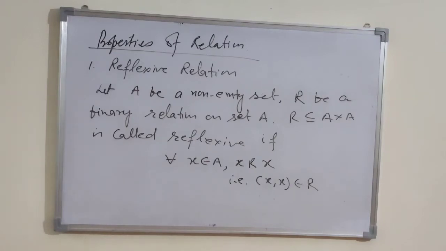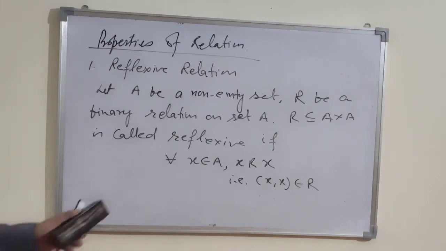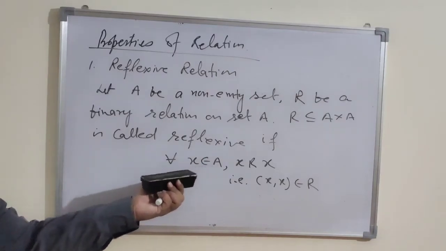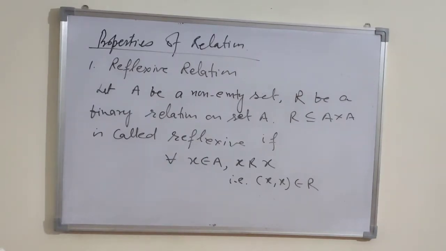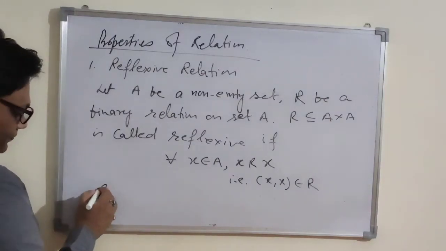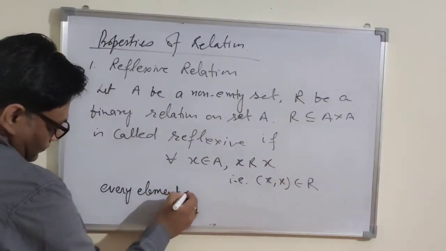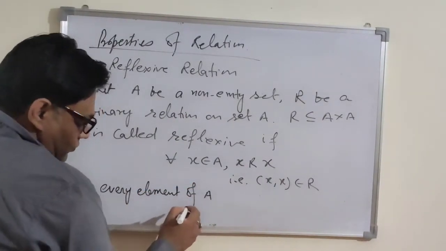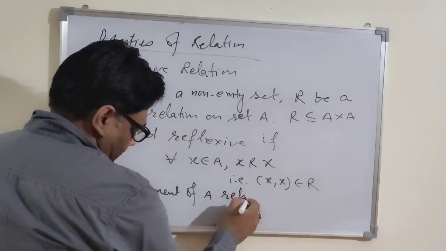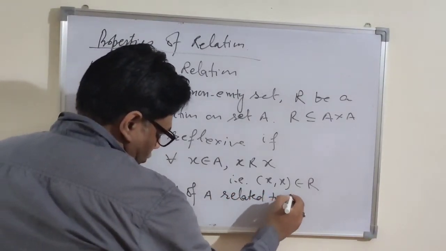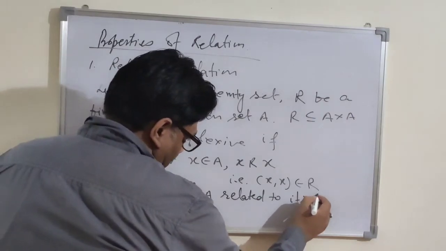Simply, first of all, A is a non-empty set. The second is R is a binary relation. Binary relation means the relation from A to A. And it is called reflexive if for every element x of A, it is related to itself.